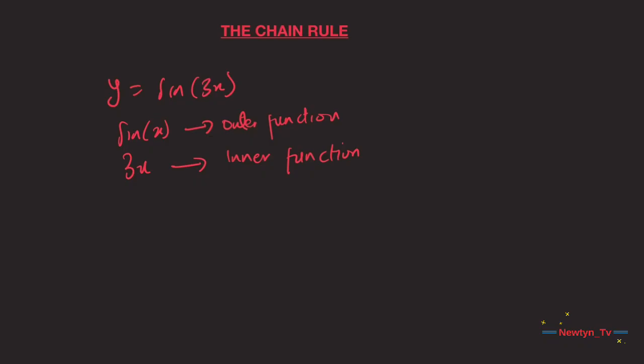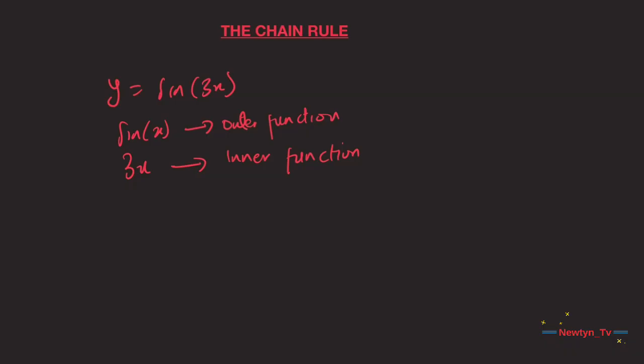When you differentiate this, you can't just treat it as a single piece, because both the sine and the 3x affect how the function changes. So the chain rule helps us chain these rates of change together.